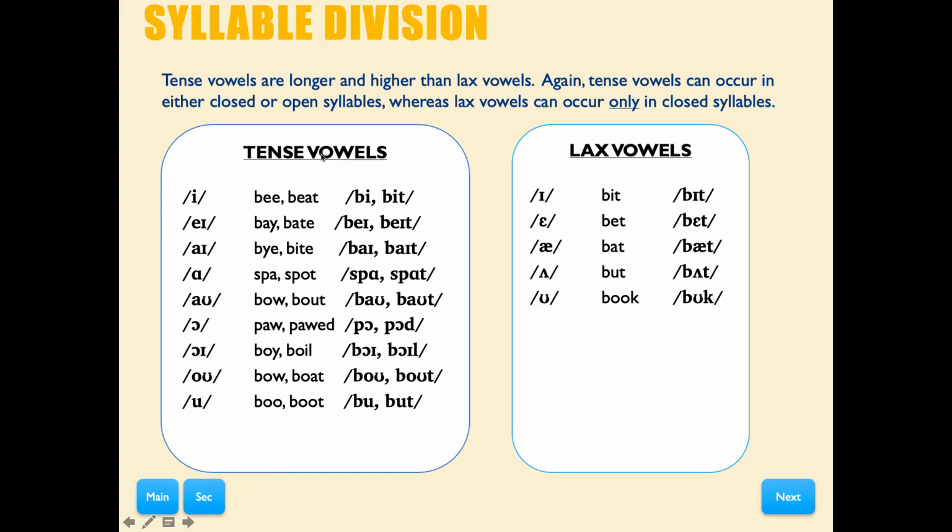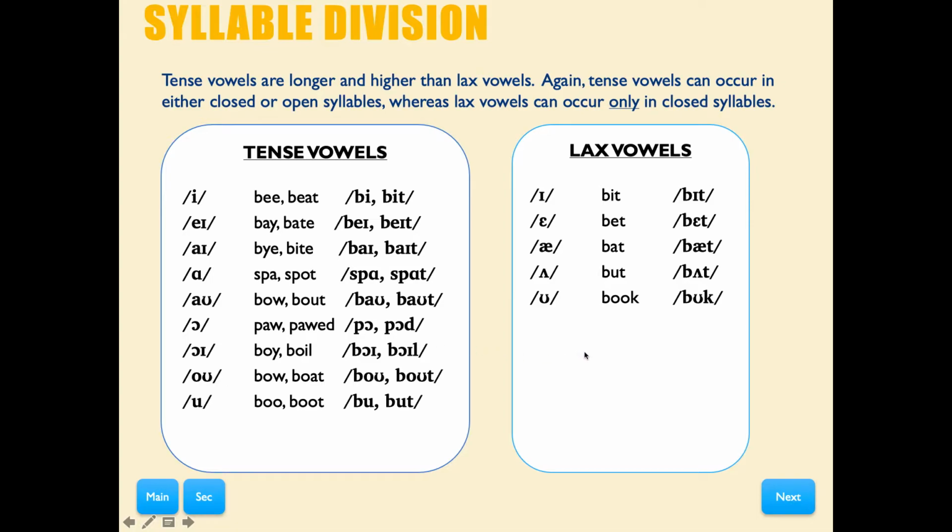You can see the tense vowels occurring in open and closed syllables. For example, the tense vowel E, as in be or beat. Be, open syllable, beat, closed syllable. This is a tense vowel, and it can occur in either open or closed syllables.